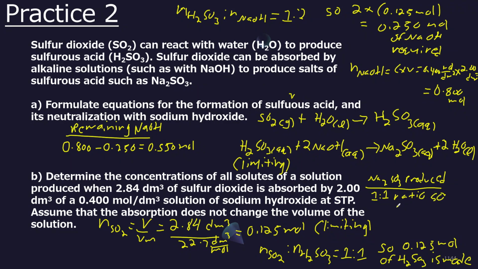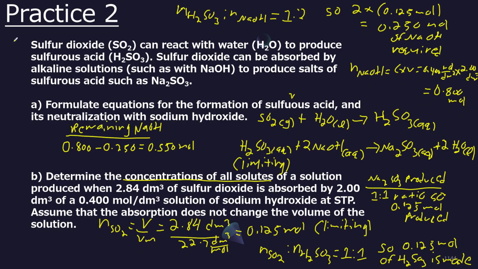So we'll also make 0.125 mole produced. Okay, and then I'll try to write the final answers on the left here. So again, this asks for concentrations of all solutes, not just amount of moles. We can assume our volume does not change by absorbing this gas, so we can just use a volume of 2 decimeters cubed.